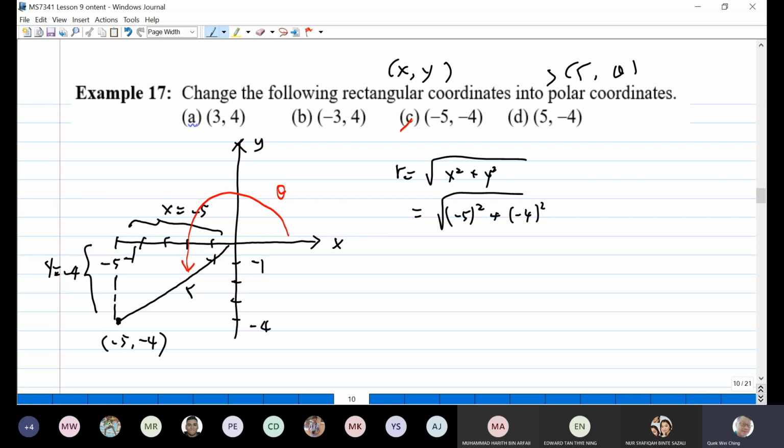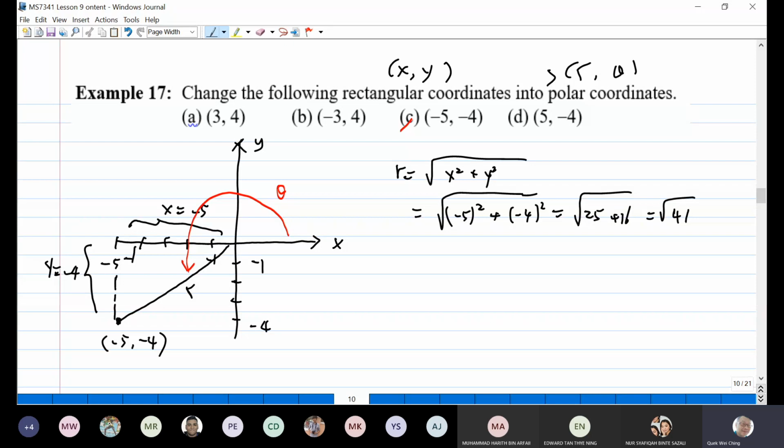But because you square it, the opposite number, this becomes 25 plus 16, equals square root of 41. So there is r here.